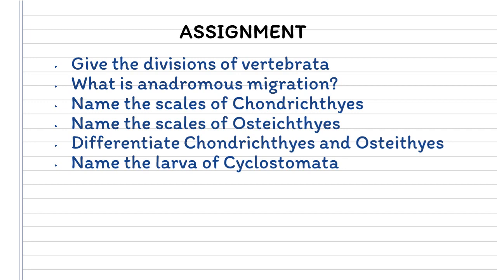In chondrichthyes, the skeleton is made up of cartilaginous tissue. It's not bone. But in osteichthyes, this cartilaginous tissue is converted into bone. Right? Then the last one: name the larva of Cyclostomata. The larva name is ammocoete larva.